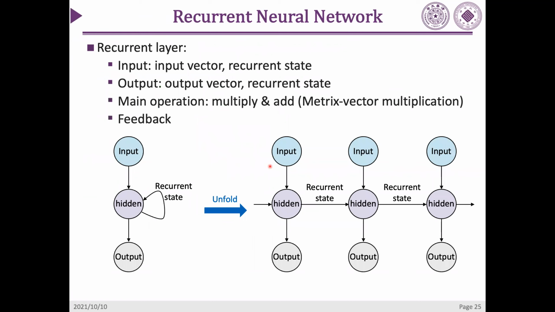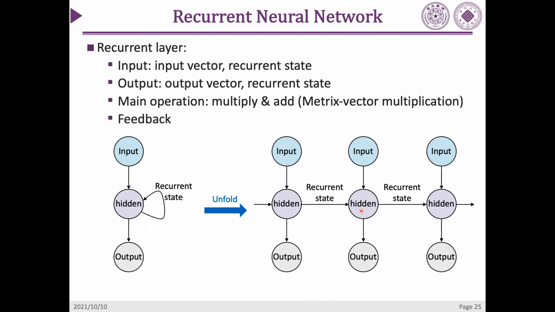For the recurrent neural network, it receives the input vector and the recurrence state and obtains the output vector and the recurrence state of the next time step after passing through the hidden layers.